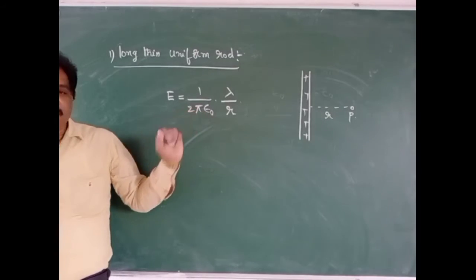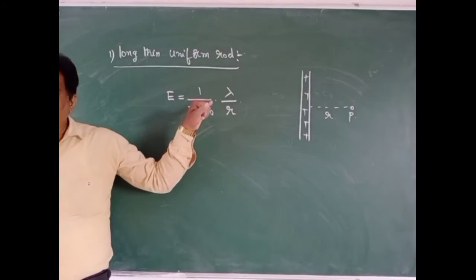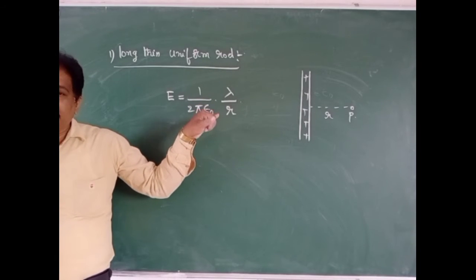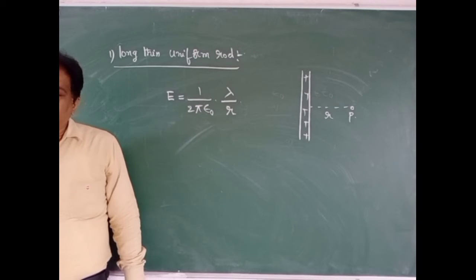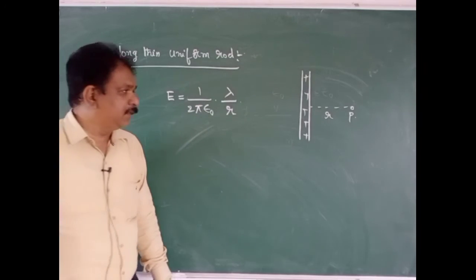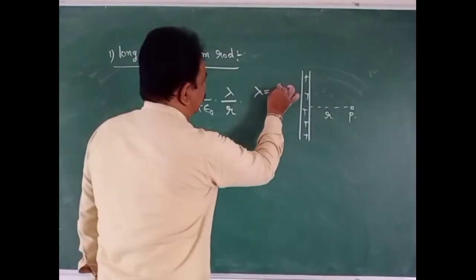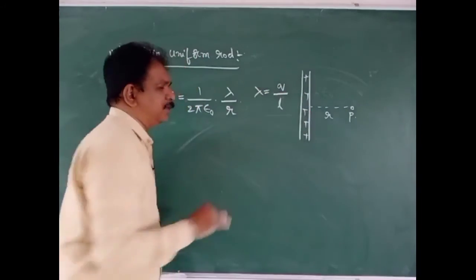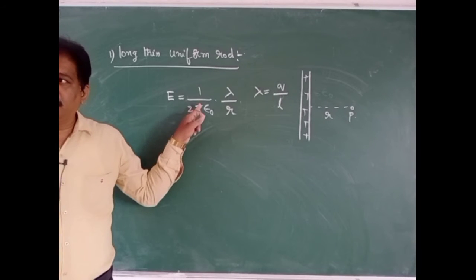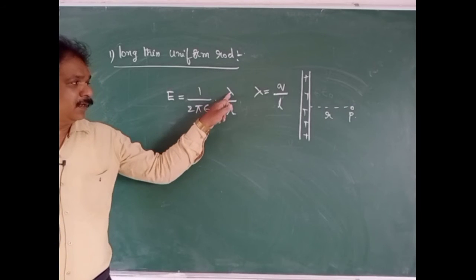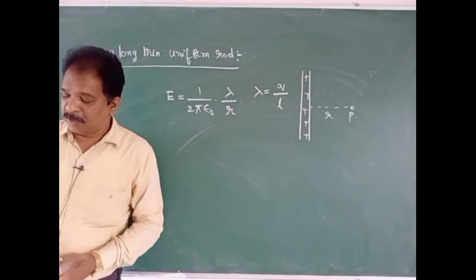The derivation is already in the syllabus, where lambda is the linear charge density, the charge per unit length. If lambda is the linear charge density of this rod, then the electric field intensity will be 1 by 2 pi epsilon naught lambda by R.